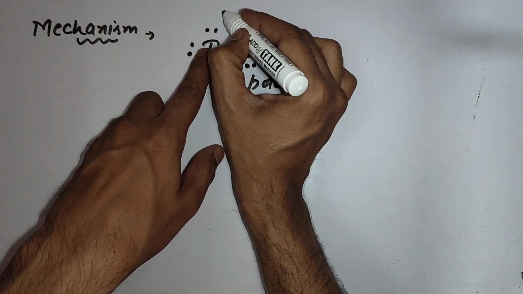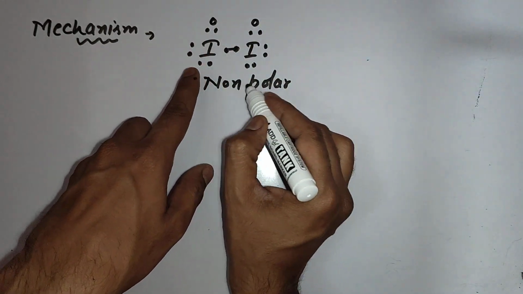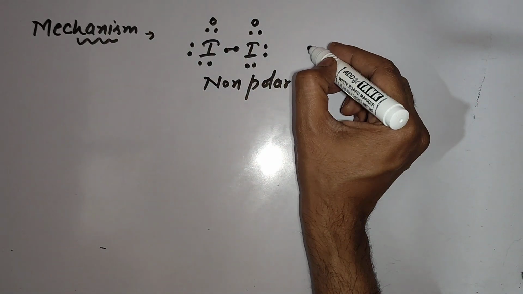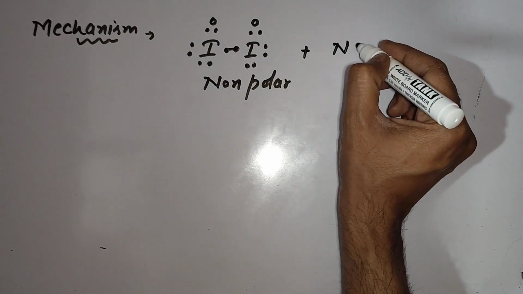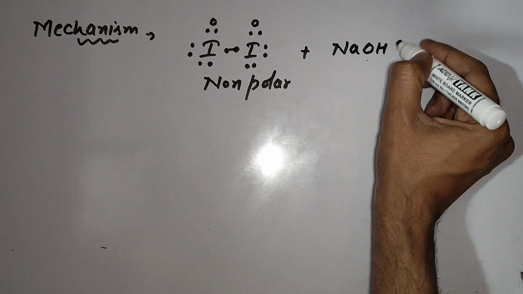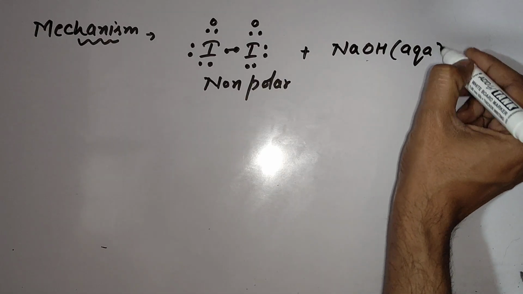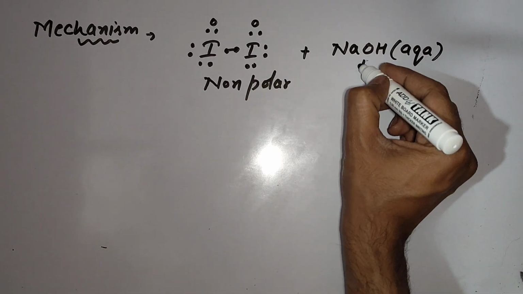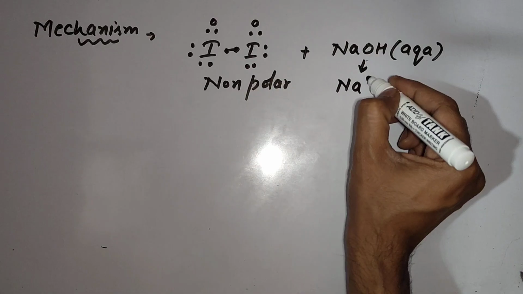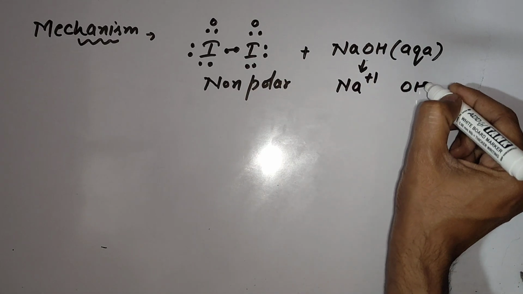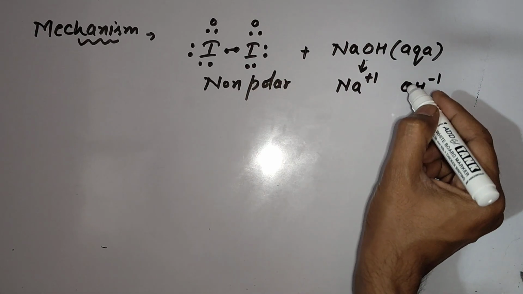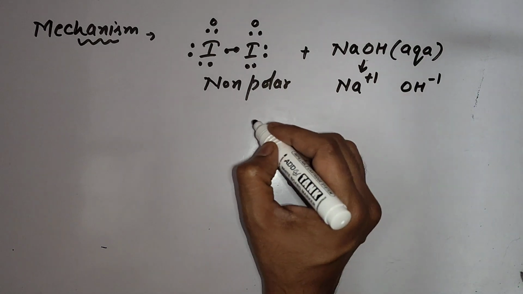So this iodine has a 0 charge, this iodine has a 0 charge, so it's a non-polar molecule. When it is dissolved in NaOH aqua, as you know, NaOH is dissociated into two parts: sodium cation and hydroxide anion, OH negative.